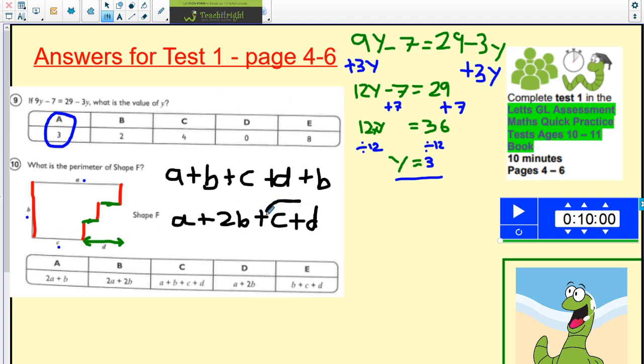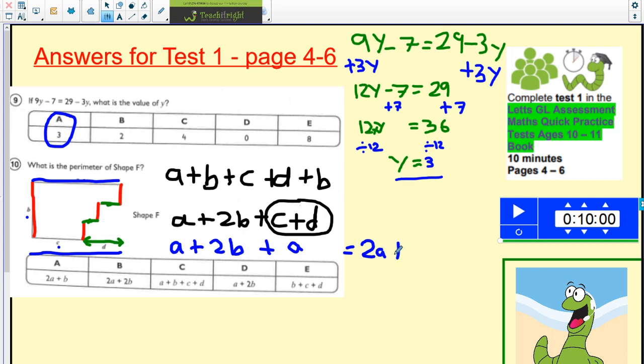So maybe instead of where we've got C and D, because if you look, let's do it in blue, this length here, which is A, is the same as C plus D, instead of writing C plus D, we could call that A. So now we've got A plus 2B plus A gives us now, final answer, 2 lots of A plus 2 lots of B.